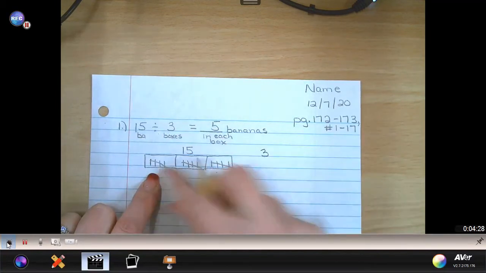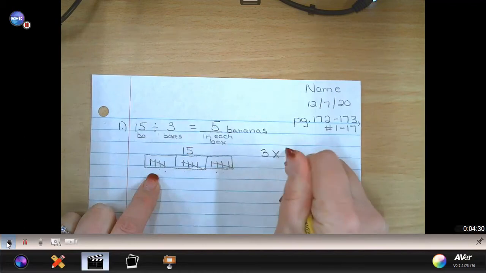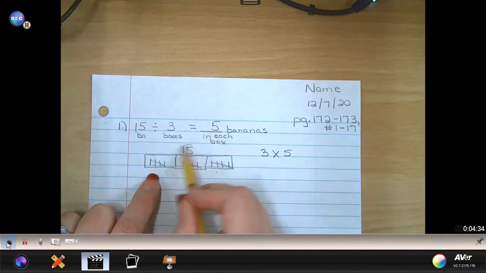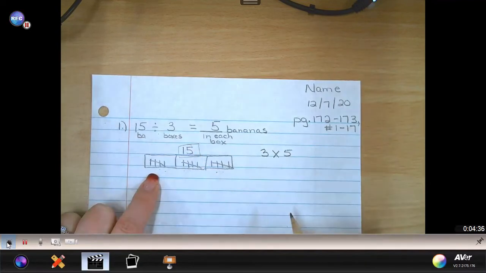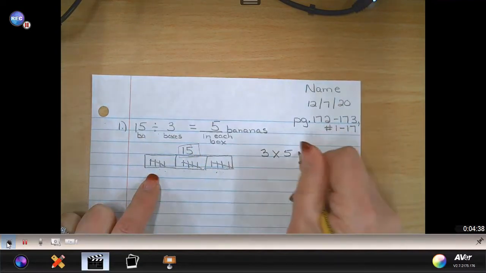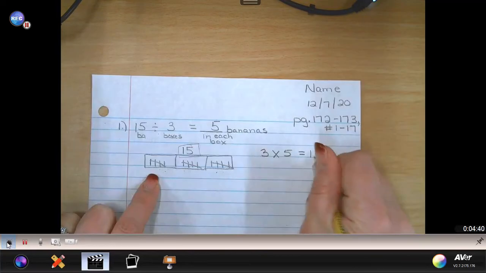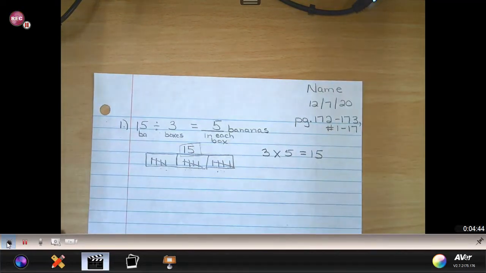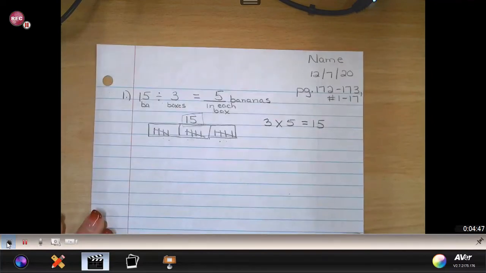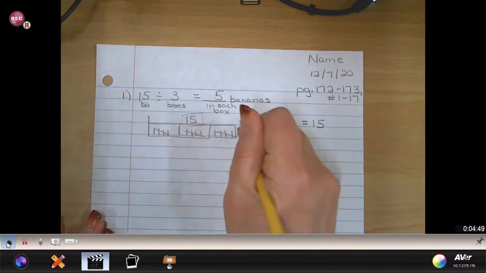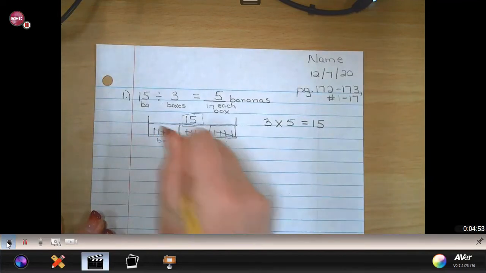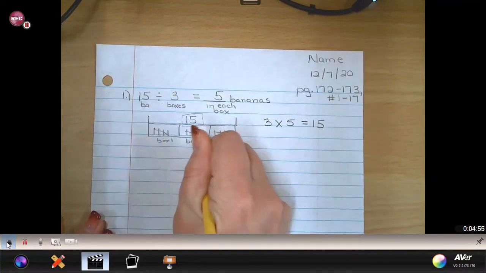We have 5 bananas in each group, and if we count 5, 10, 15, we get a total of 15 total bananas. So we are using our multiplication to check our division. So this is going to be box 1, box 2, and box 3.